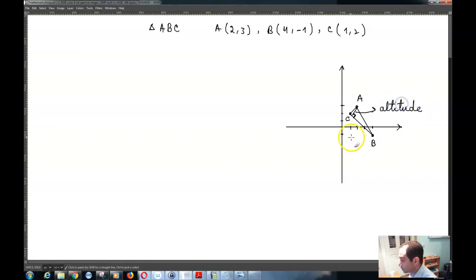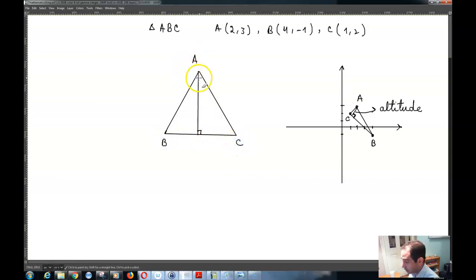So an altitude is, in geometry, if you have some triangle like this, suppose this is ABC, a line segment drawn from any vertex, for example A, to the opposite side, which is perpendicular to the opposite side, is called an altitude.